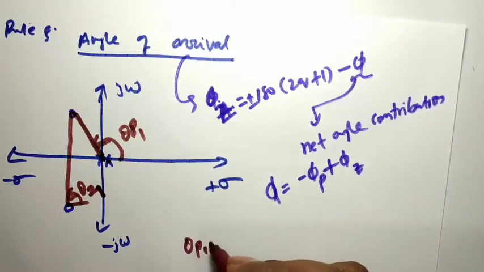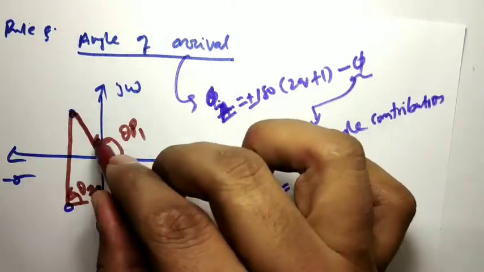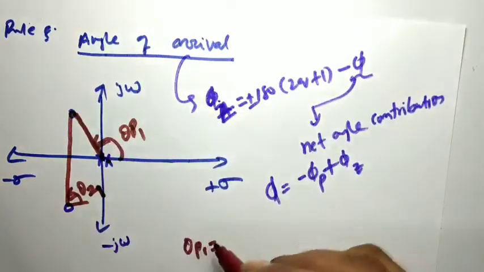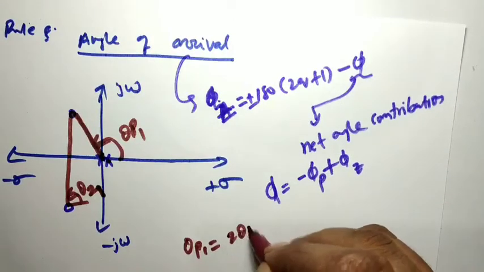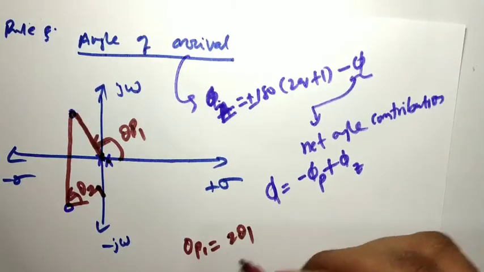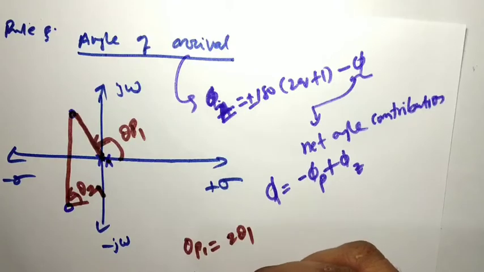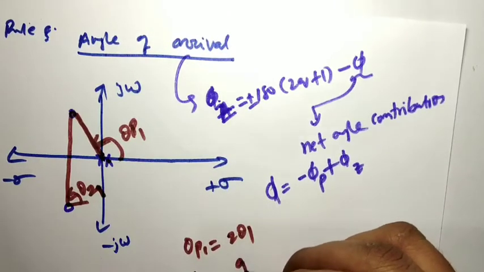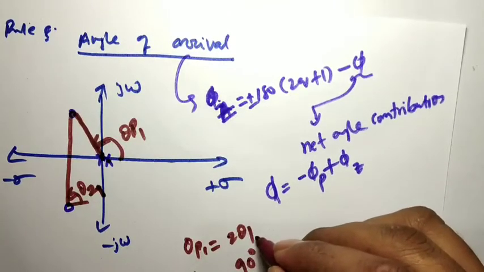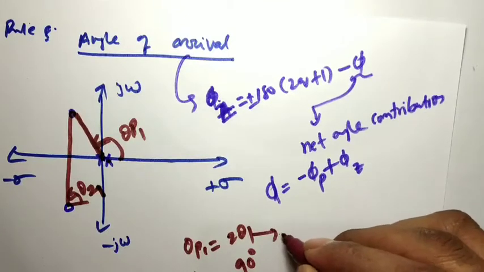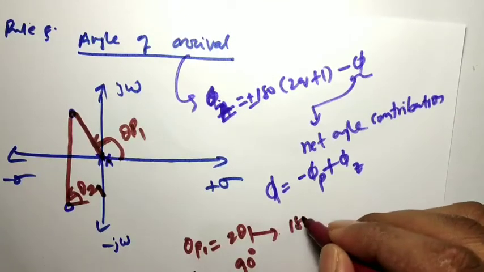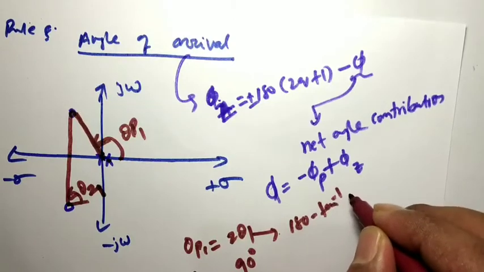Theta p1 is equal to, since there are two angles, you have to write 2 theta 1. Here theta z1 is equal to what? It's 90 degrees. Here theta 1 is equal to what? 180 minus tan inverse omega by sigma.